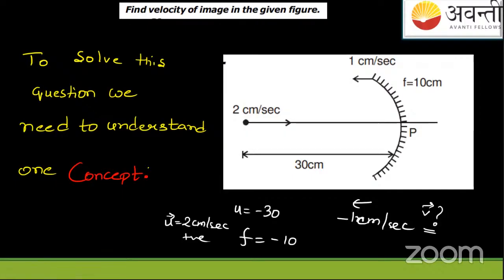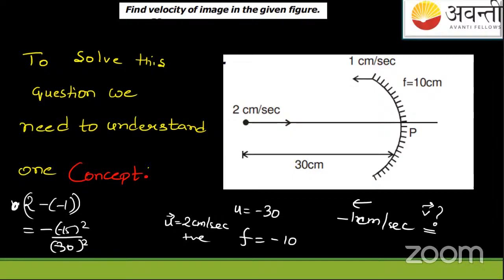See, I have to apply the formula like this. Velocity of object is 2 centimeter per second. Velocity of mirror is minus 1. I'm applying the formula directly. Check your answer. So this is minus 1 here, and minus v square by u square: v you will get as minus 15 from the mirror formula, 1 by v plus 1 by u equals 1 by f, and u square is 30 square.